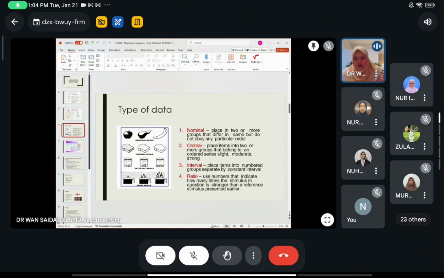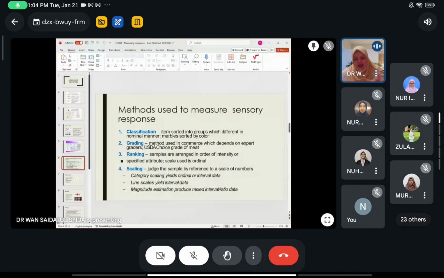Okay, next one, we'll be going to do the measurement. So this is the types of data. You have four types of data. And then this one will be the method of how to measure the sensory response. This one you have to emphasize, the response methods. If the types of data are four, then in measuring responses you should memorize that there are four methods.